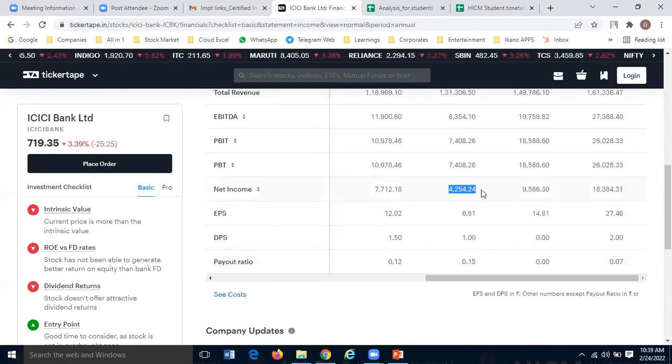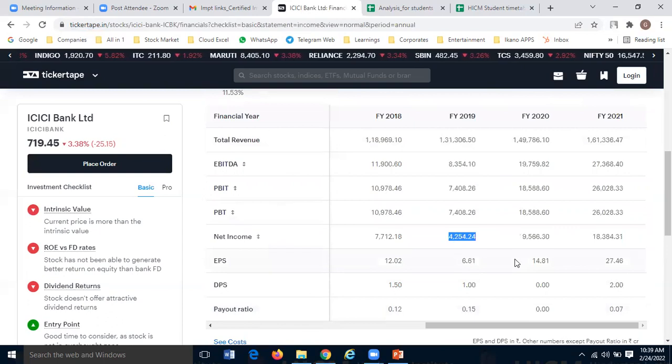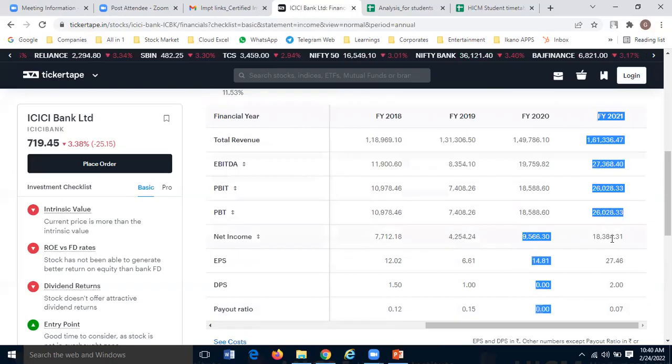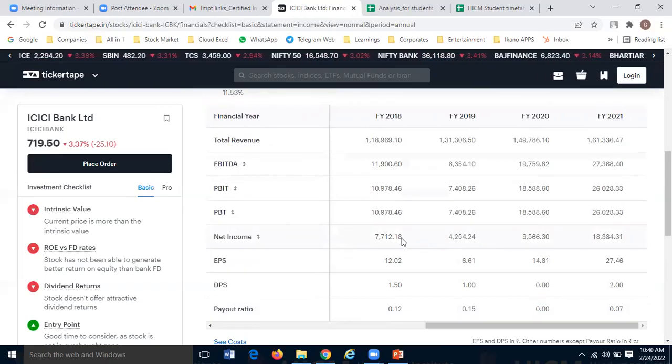We can see the net income on a quarter to quarter basis or year to year basis. 2019 was a slippage. Then profit has grown by 100% here. We'll just check for the 2 years. It was half actually here. So it is 100% growth, from 2019 to 2018.